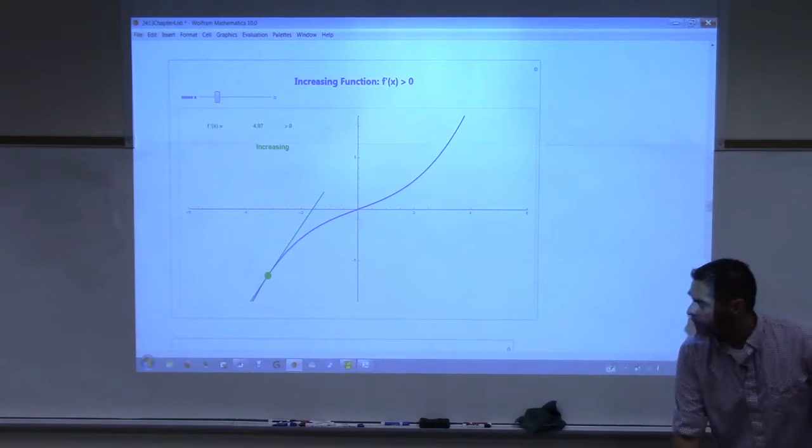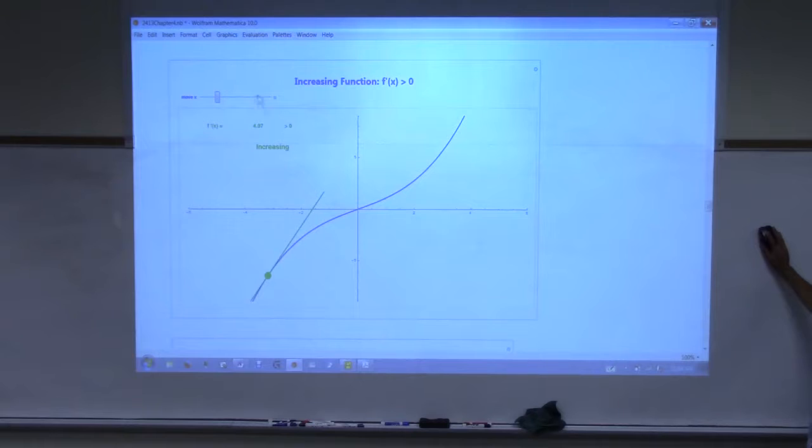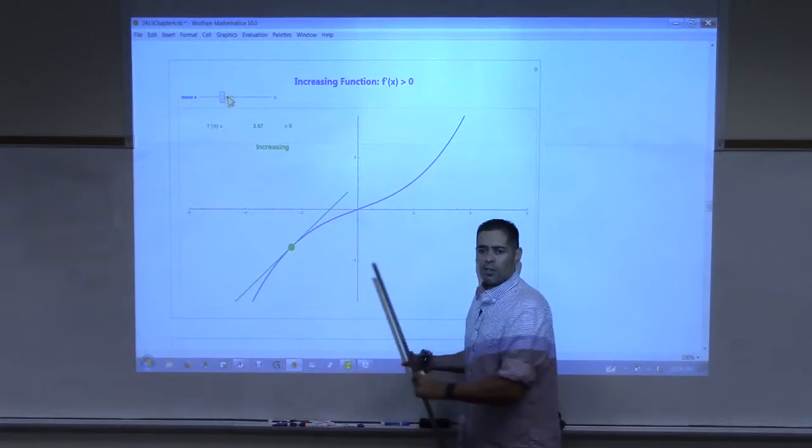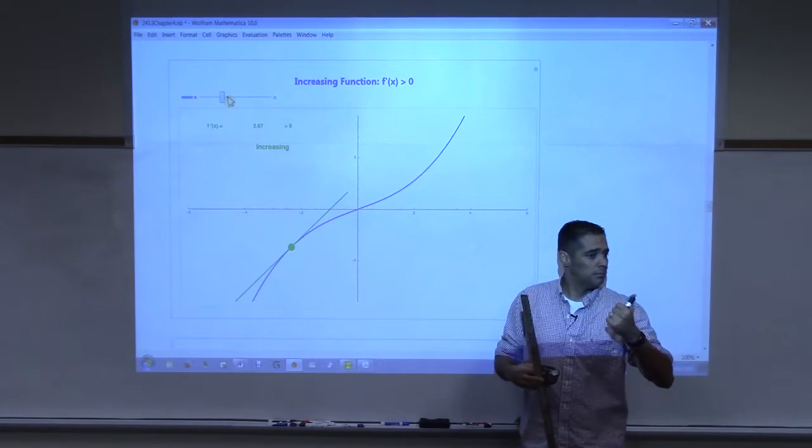Okay. But pick any point on this graph and notice what the slope of the tangent line is. It's positive, right? Anytime you have an increasing function, your derivative is going to be positive. Or another way to say that is if your derivative is positive, your graph must be going up. Okay?